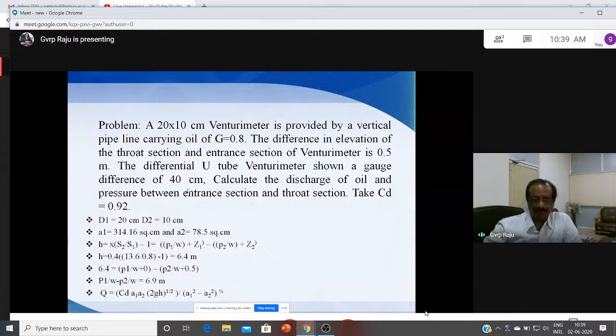Calculate the discharge of oil and the pressure between entrance section and throat section. Take CD is equal to 0.92.